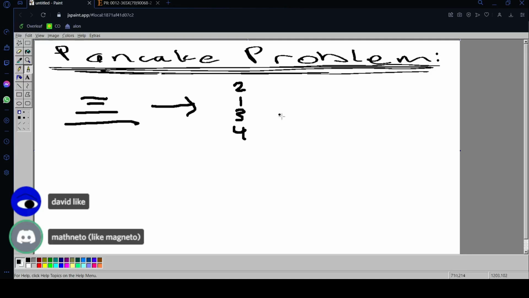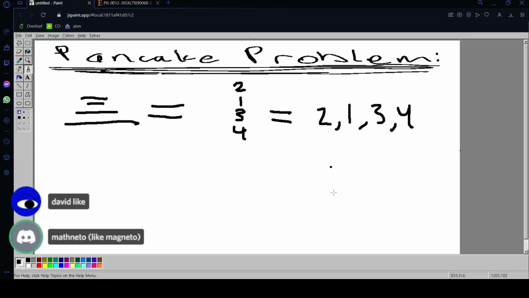This pancake stack is going to be represented as these numbers, and because writing vertically is silly, we're just going to write it as a list: 2, 1, 3, 4.